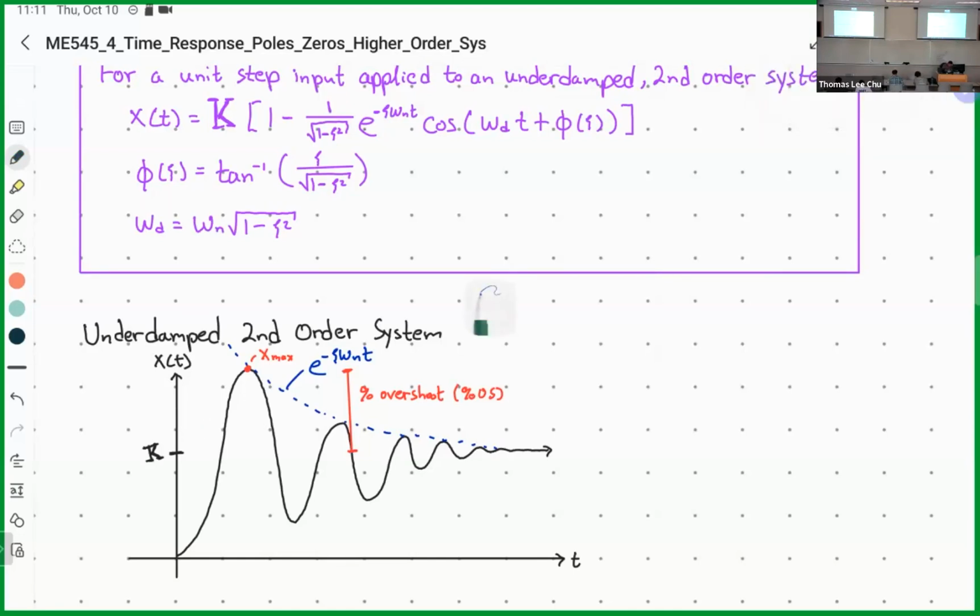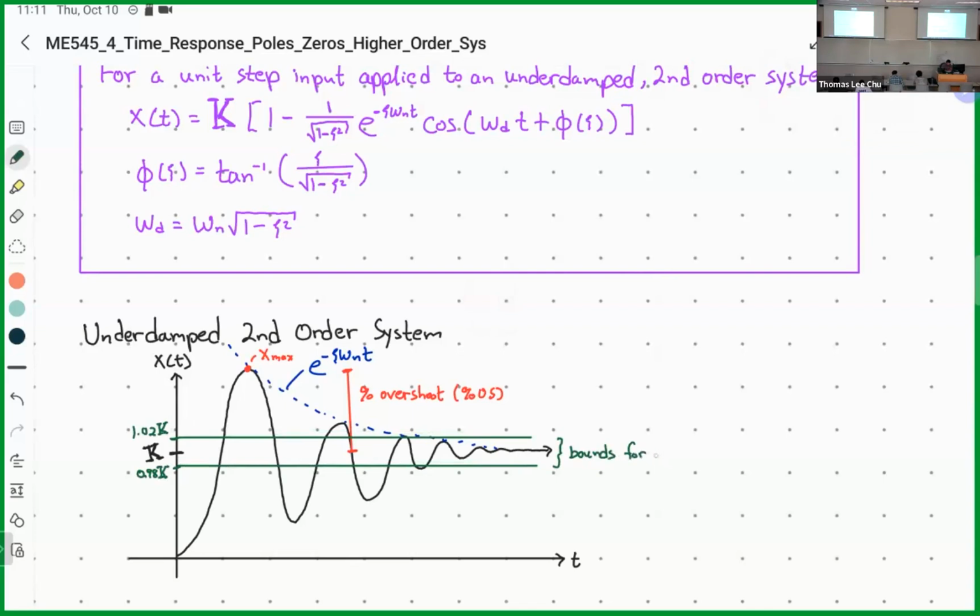Let's do green. So this is 1.02K, and this is 0.98K. We want the settling time to be bounded within these two lines.